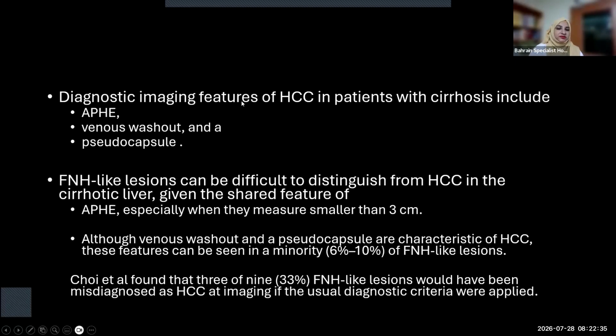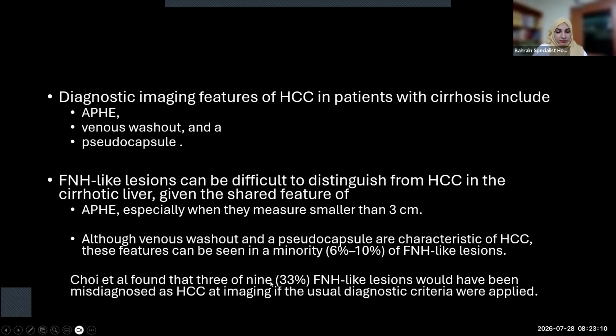Now, diagnostic imaging features of hepatocellular carcinoma in cirrhosis are arterial phase hyperenhancement, venous washout, and the presence of a capsule. FNH-like lesions can be difficult to distinguish from hepatocellular carcinoma because they share the common feature of arterial phase hyperenhancement, especially when they are smaller than 3 centimeters. Although venous washout is not a typical feature, and a capsule is also not a characteristic feature, in patients with cirrhosis a minority of cases, 6 to 10%, have displayed these features, confusing the diagnosis.